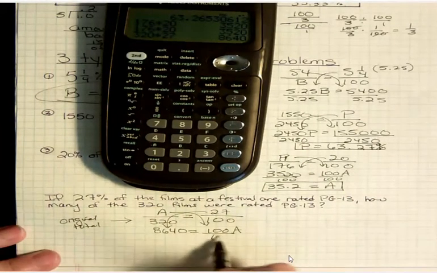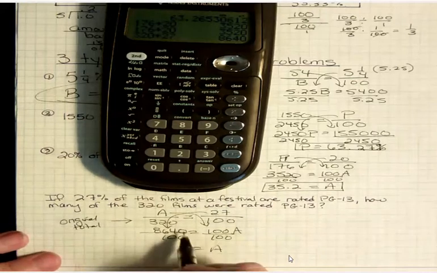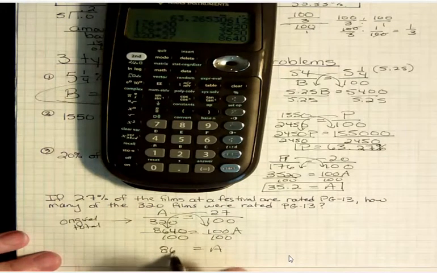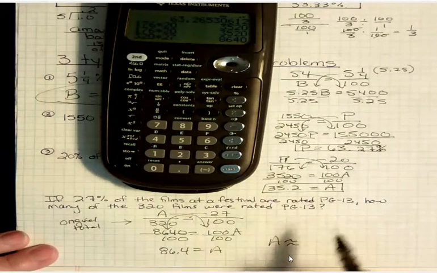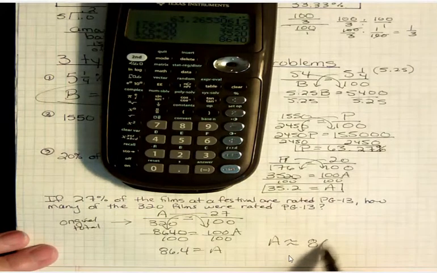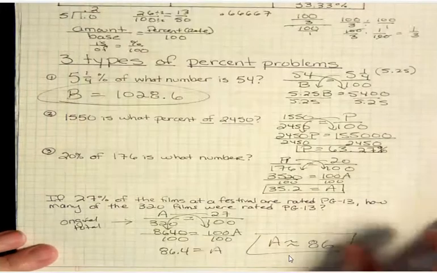And dividing by 100, I get 86.4. And so I'm going to say it's approximately 86 of the films were rated PG-13 because we can't really have a fourth of a film.